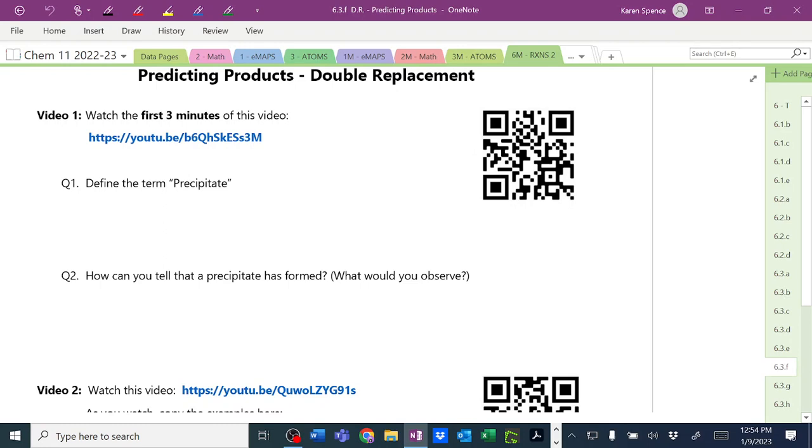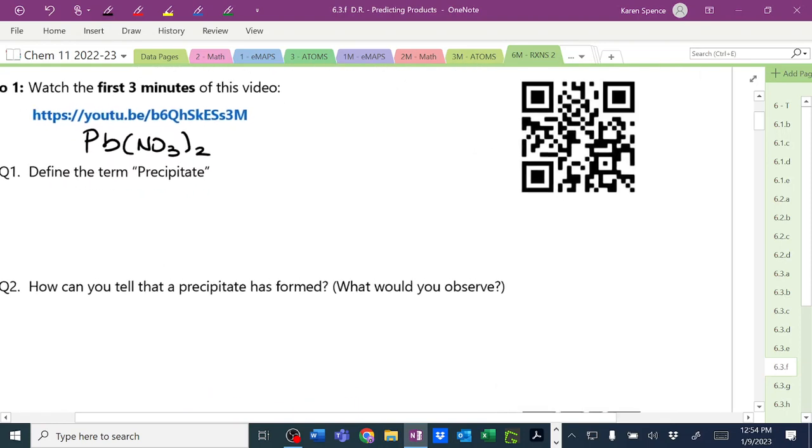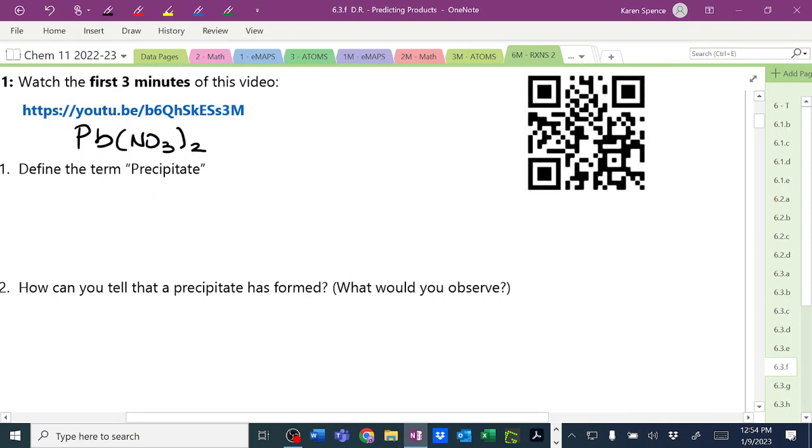All right, I have Pb(NO3)2. I have lead nitrate, and I put it into water.